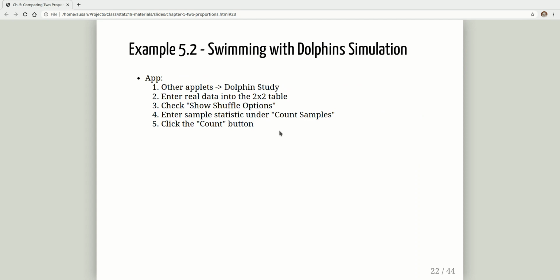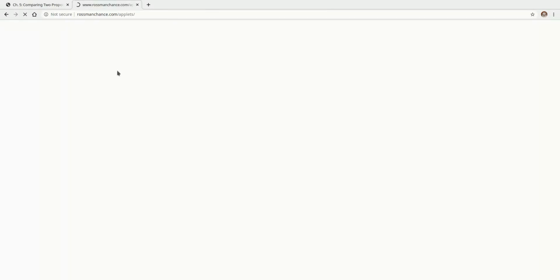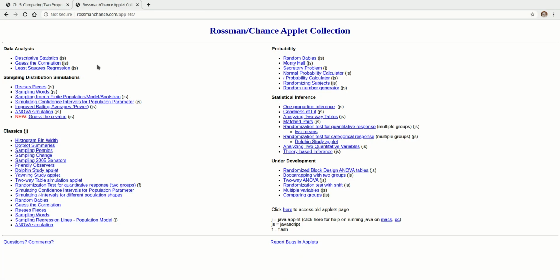Okay, so we can go into the applet and do the dolphin study, enter our real data, and show shuffle options, and then count samples. Okay, so let's go to the applets.